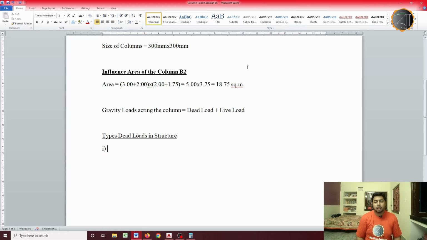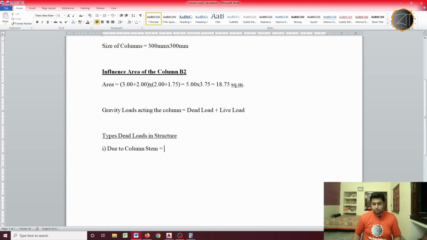First of all, due to column stem, so we know that column is made of RCC, that is reinforced cement concrete. To work out the load due to the RCC stem, we have to find out the volume of the concrete and then multiply with 25, which is the density of the RCC as per IS 456 2000, and also it is mentioned in the IS 875.